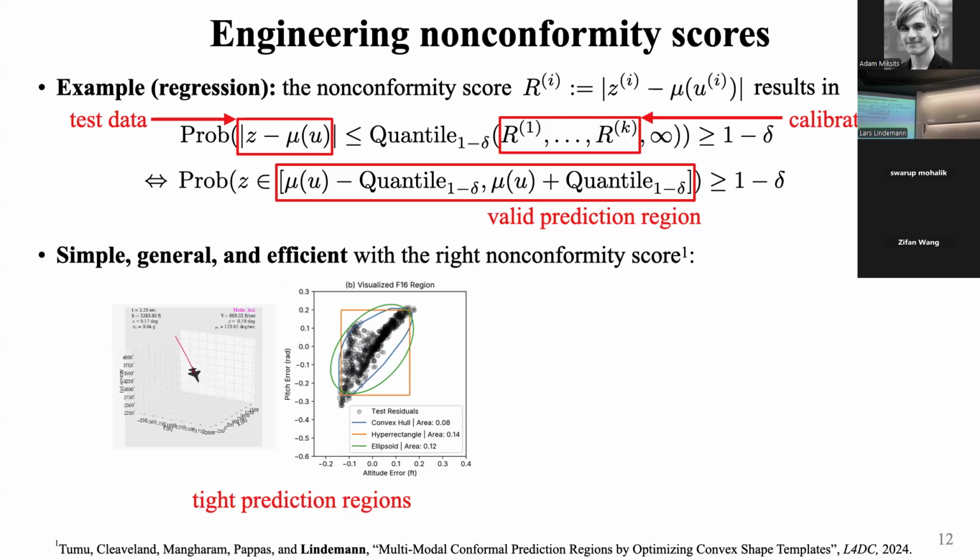By setting up different nonconformity scores, you can see these are all statistically valid, but maybe the convex hull is giving you the tightest coverage. Depending on the application, you would choose one of these. Maybe you want to use the hyperrectangles if you want to design a linear controller. But if you have something more powerful as a controller down the line, you may want to use the convex hull, and so on.